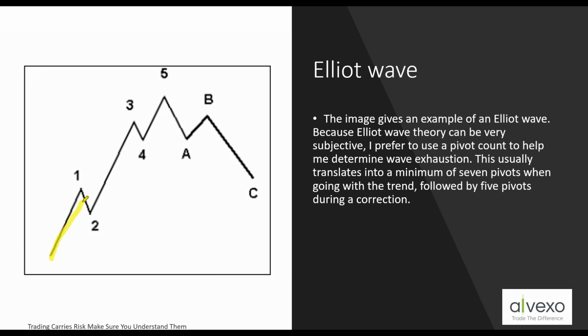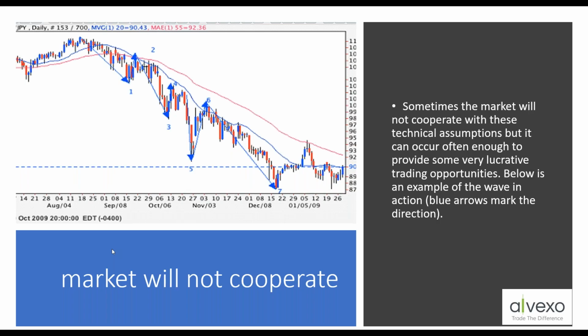Again, 1, 2, 3, 4, 5. 1, 2, 3. Sometimes the market will not cooperate with the technical assumptions, but it can occur often enough to provide very lucrative trading opportunities.